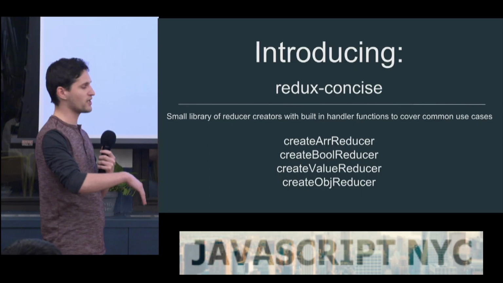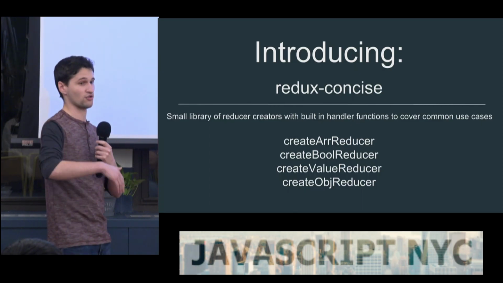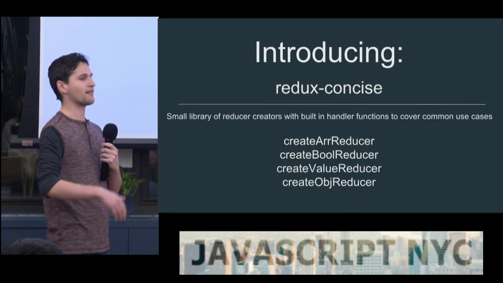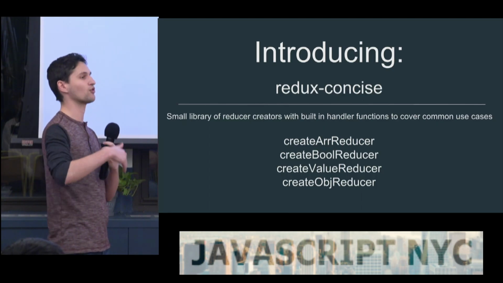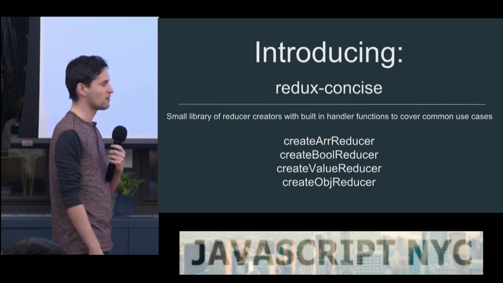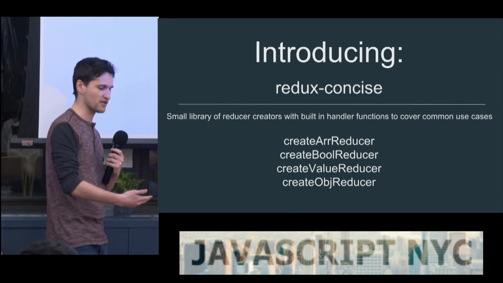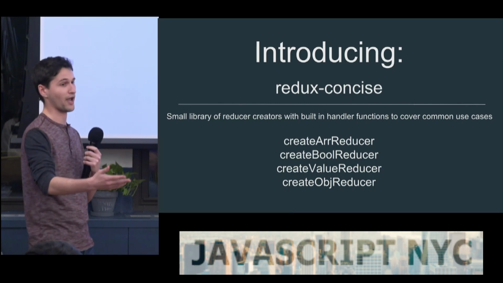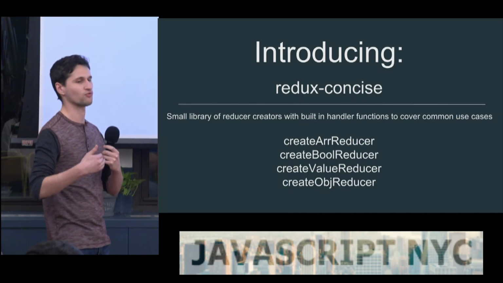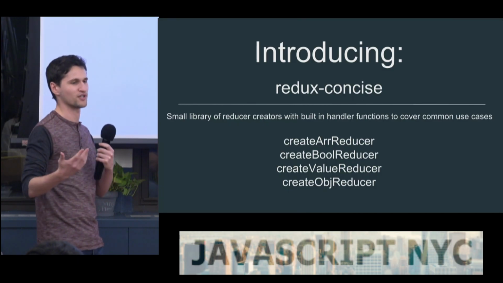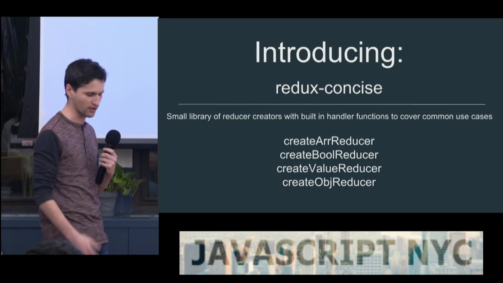The difference between these reducer creators and just the createReducer function is that they come pre-built with a lot of action handlers that handle a bunch of different common use cases. For example, in the previous reducer, we were pushing to an array. Well, createArrayReducer has push built into it, so you don't have to reinvent the wheel and rewrite a push function every time you have to push to an array, which is pretty common.